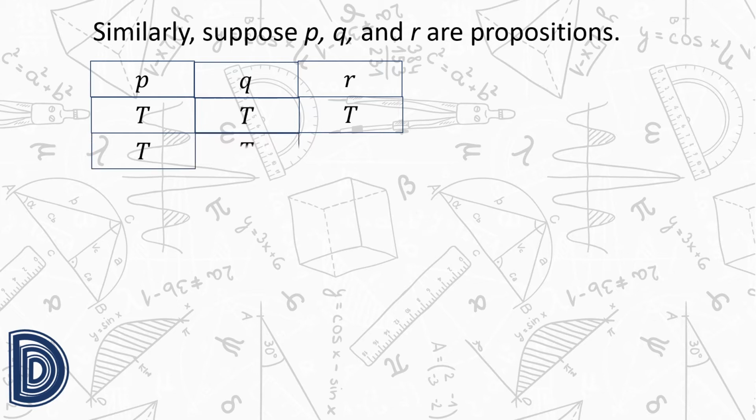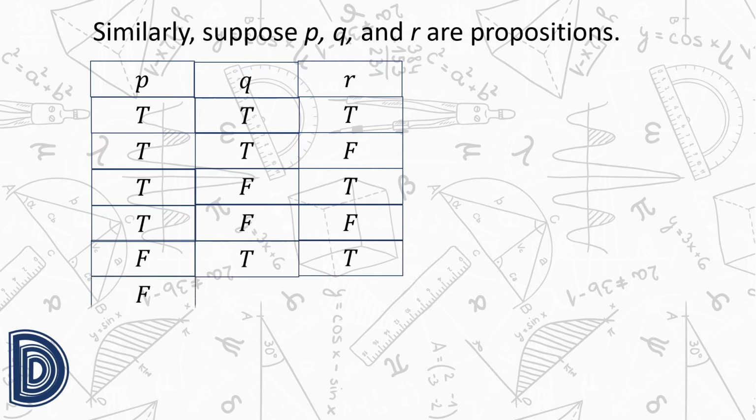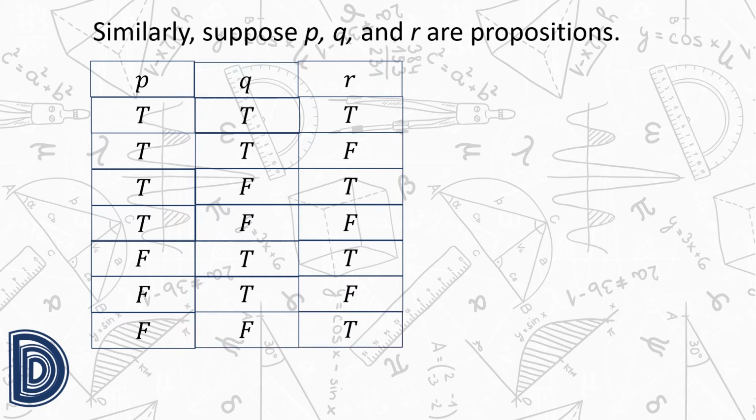So we may have true, true, false; true, false, true; and false, true, true. And then we can also have 2 propositions false and the other one true. So we can have true, false, false; false, true, false; and false, false, true. Also, we can have all 3 propositions false.